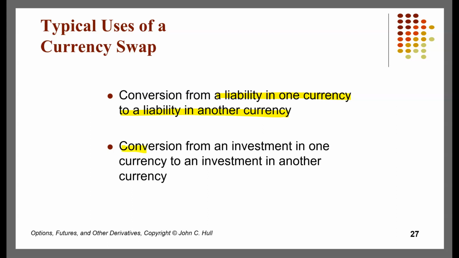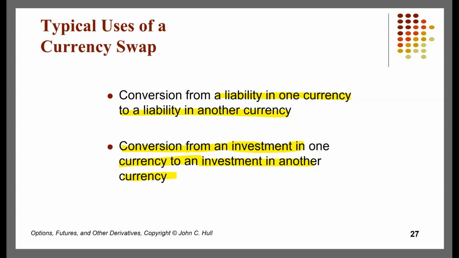You could also use those to convert investments, just like we did with interest rate swaps. With currency swaps, you could also convert investments or assets in one currency into an investment or asset in another currency, and that's typically how those are used.